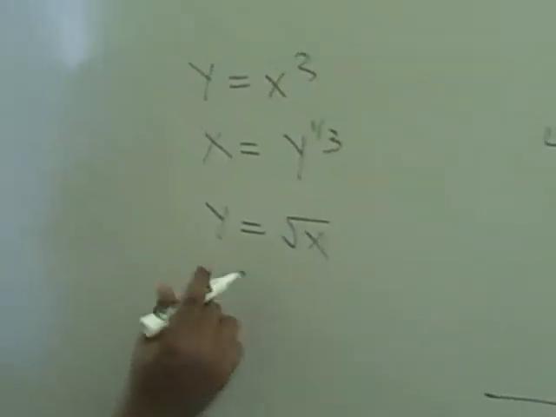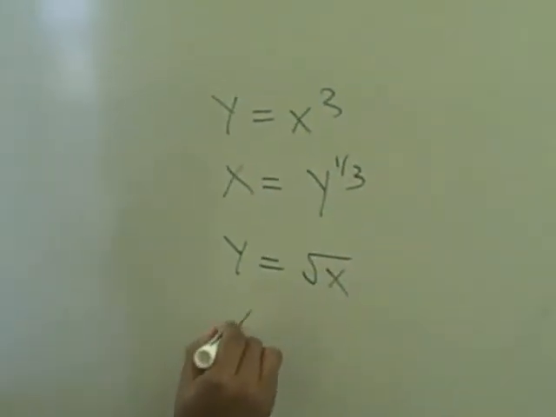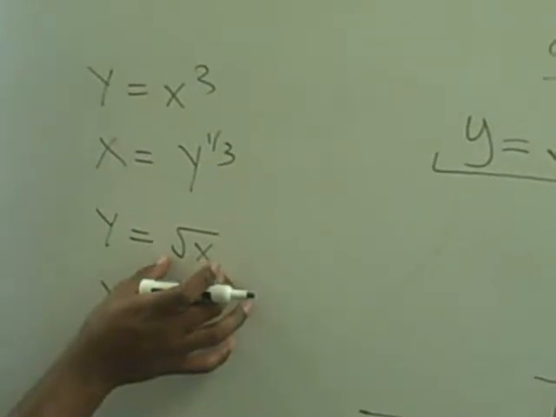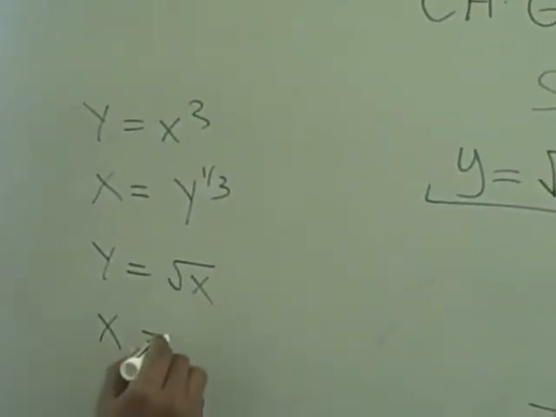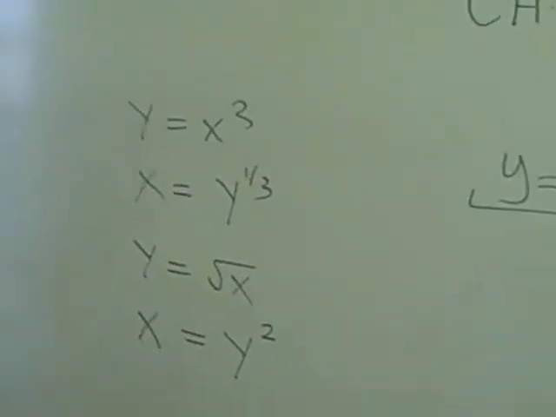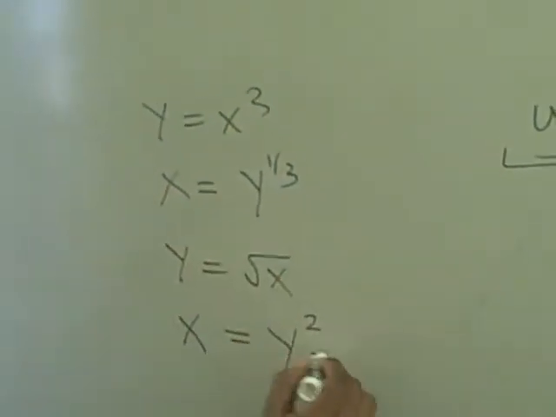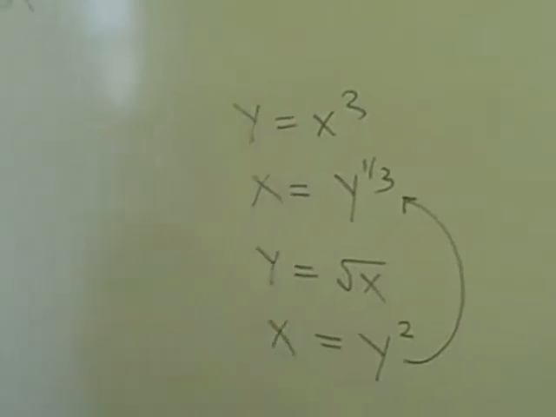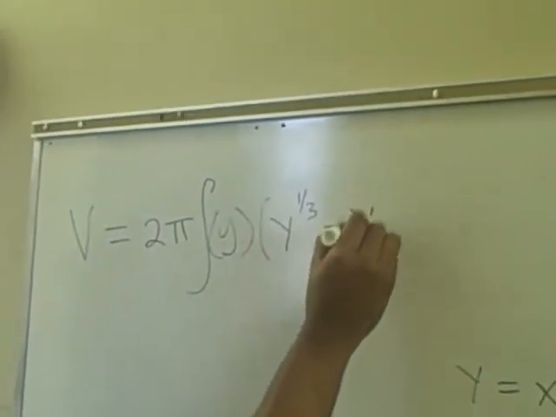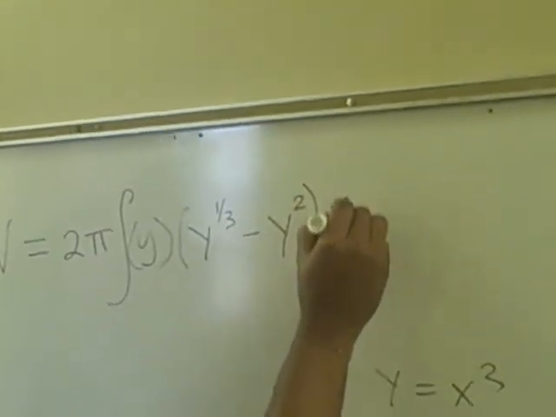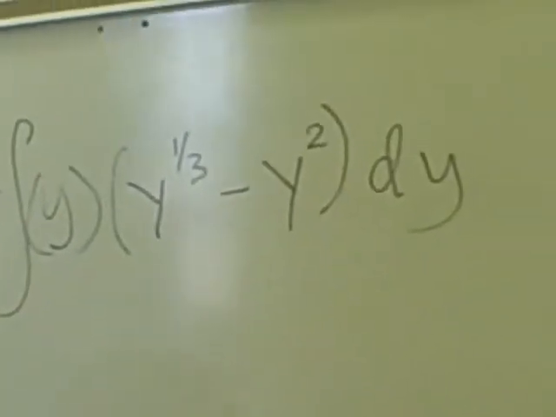To make x the function, we square both sides. So that gives x equals y squared. So we're going to subtract this graph from this graph. That gives us y to the 1/3 minus y squared times dy, the differential element.